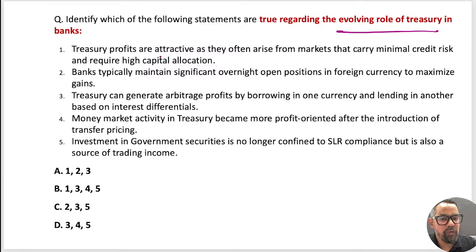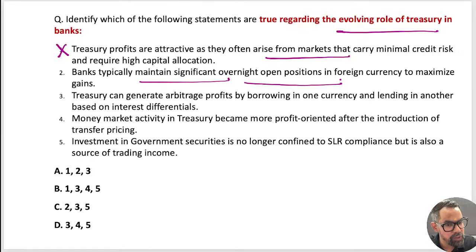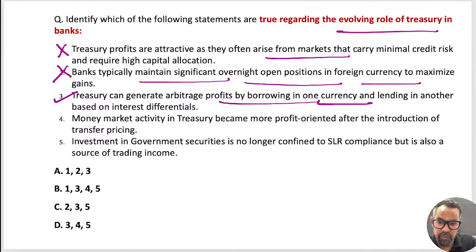So treasury profits are attractive as they often arise from the market that carry minimum credit risk. Okay, this is a statement we have gone through earlier also. Second one is banks typically maintain significant overnight open position in foreign exchange. They avoid this particular part, the reason being the risk involved. Then next one is treasury can generate arbitrage profit by borrowing one currency and selling in another.